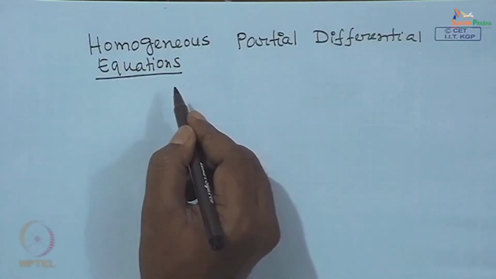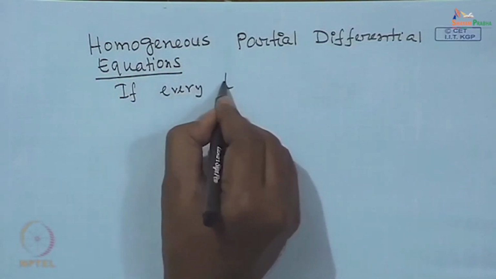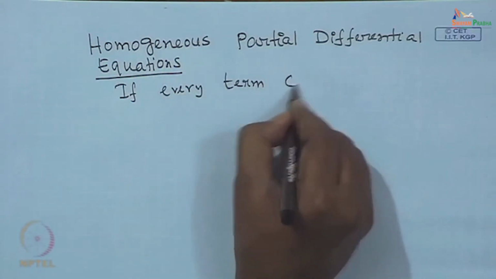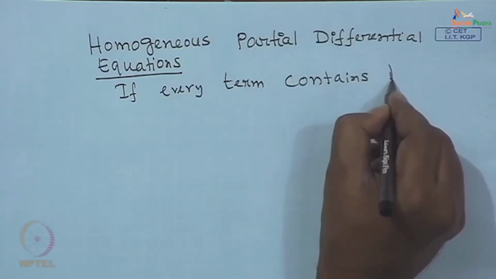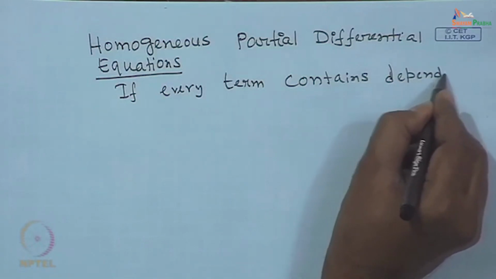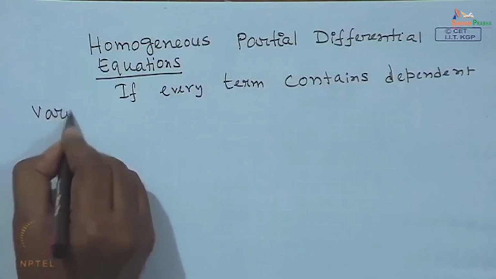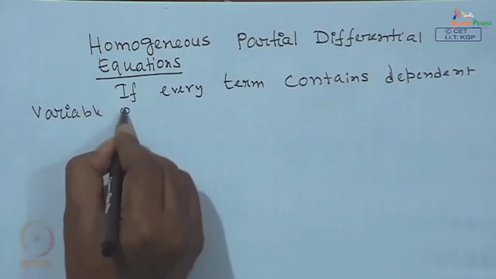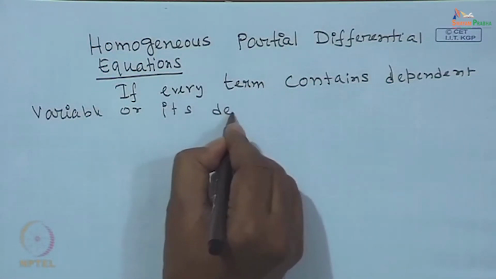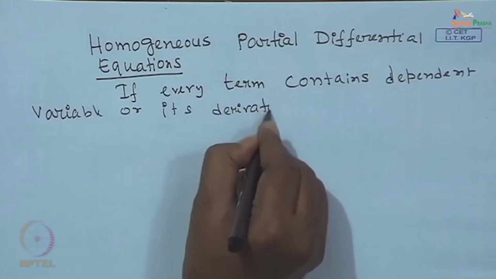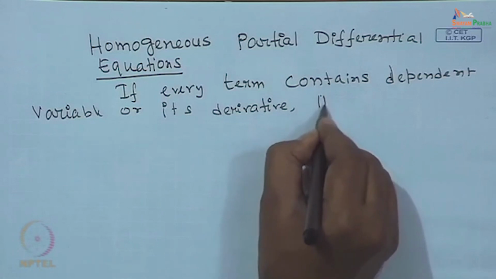In case of homogeneous, if every term contains the independent variable or its derivative, then it is called homogeneous.